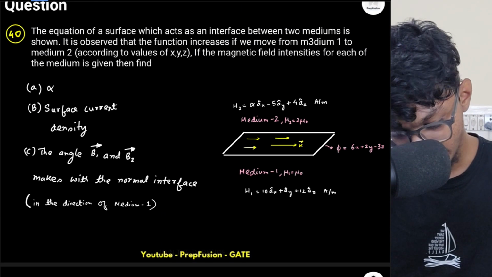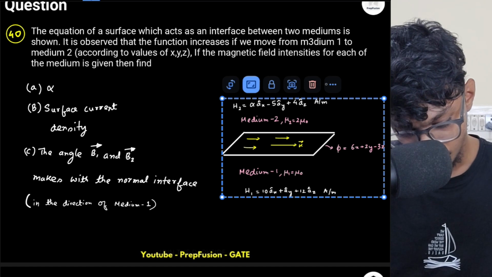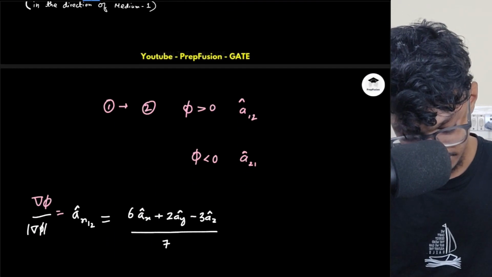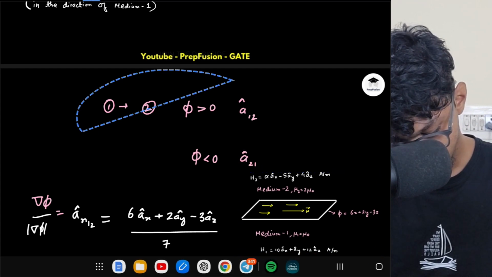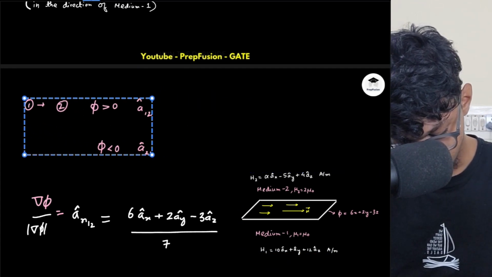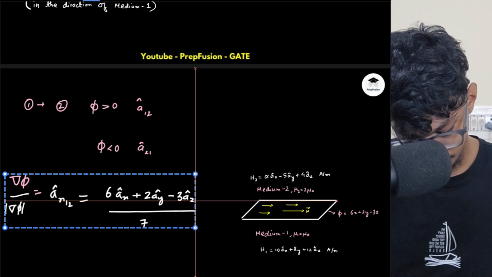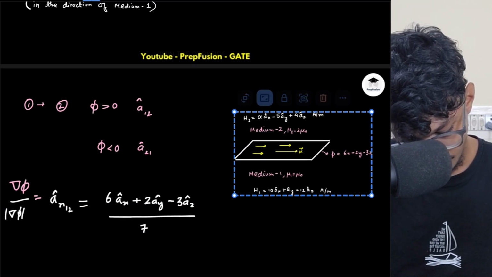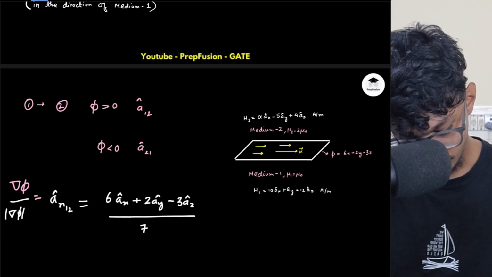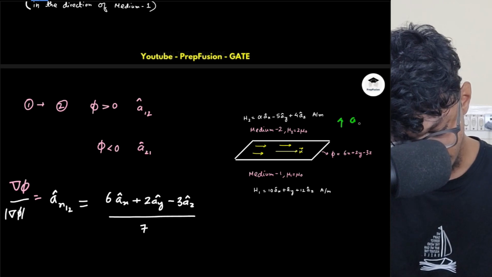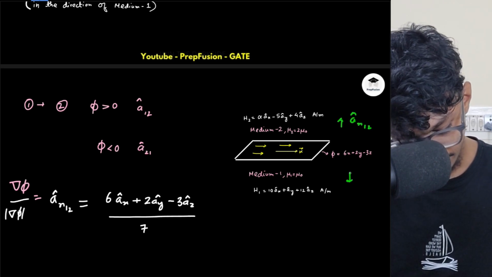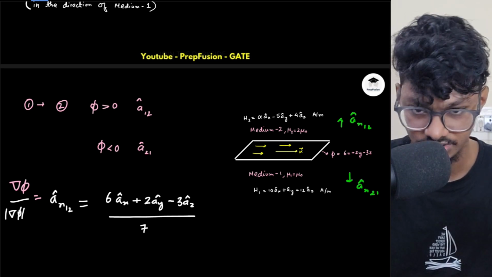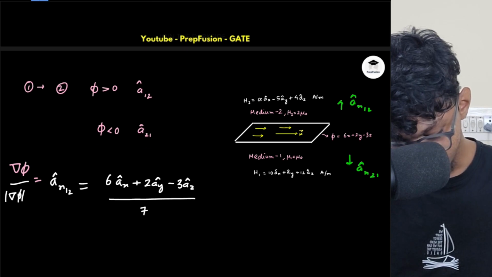But what do I want? I will write down a few things specifically. Actually I have found the direction a_n12, but I want the direction a_n21, going from 2 to 1. So I will just multiply by a negative.